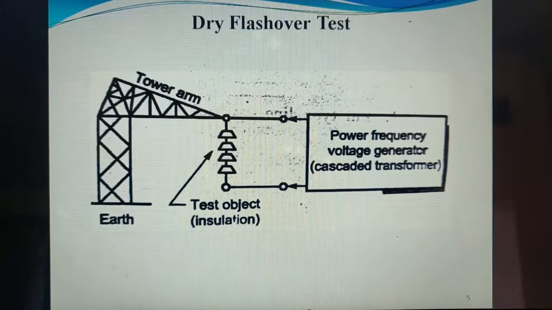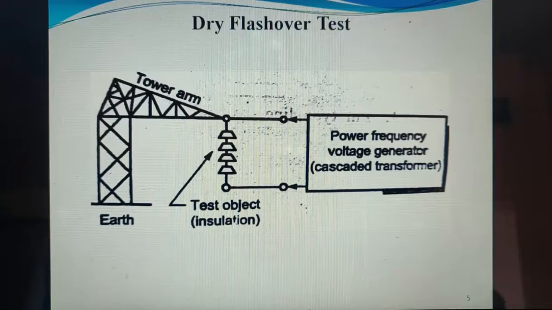to the specified impulse voltage under the dry condition. This voltage is applied in both polarities, positive and negative.